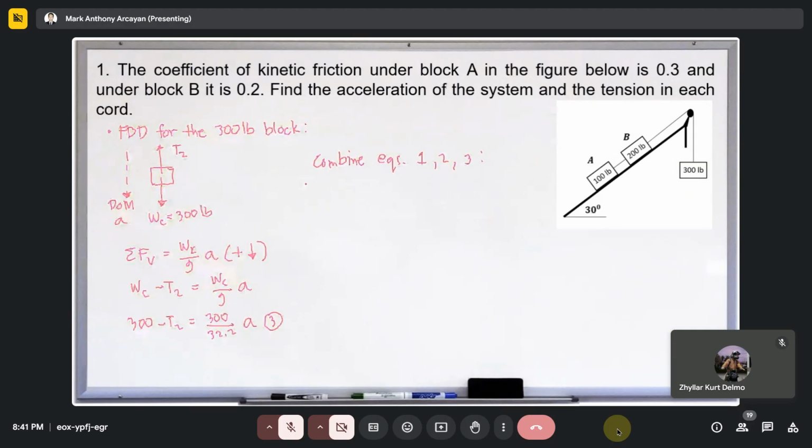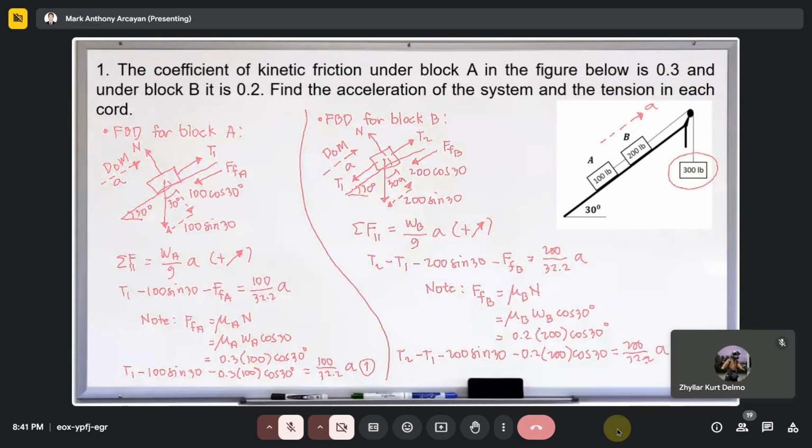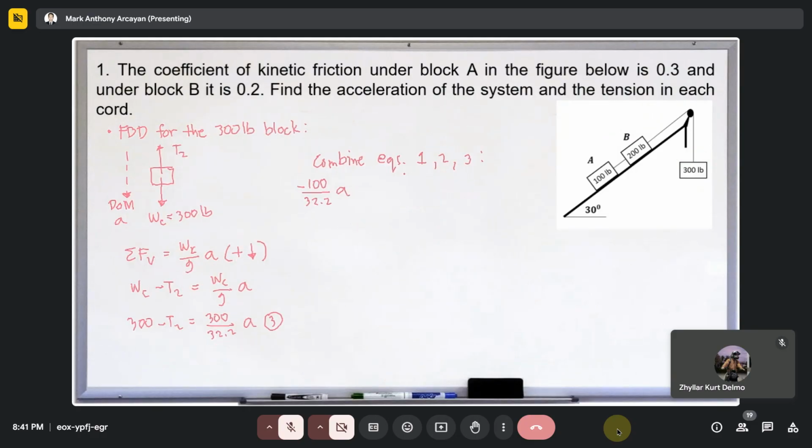This will become negative 100 over 32.2 A, plus T1. Then we will add T2 because there are three unknowns here. For equation 1, we don't have T2, but it is valid to put 0 T2 because it will just equate to 0 anyway.